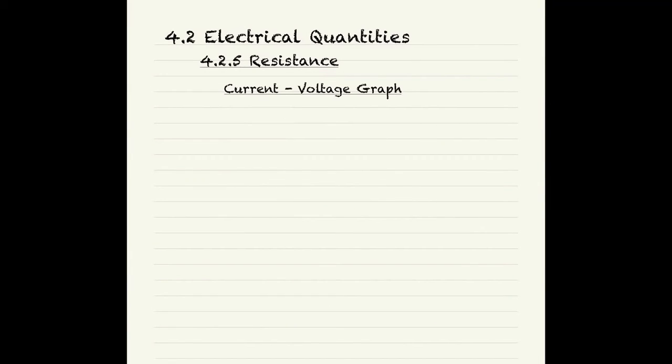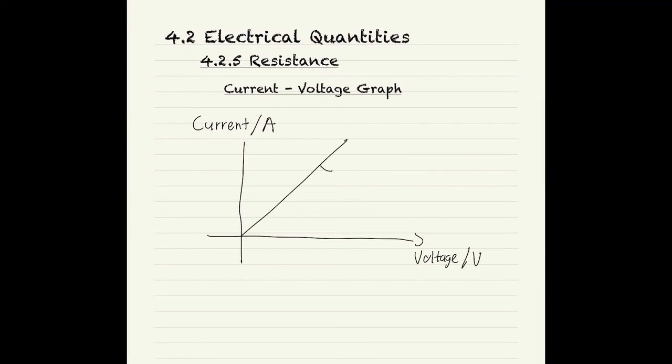For the current-voltage graph, y-axis is current, ampere, x-axis is voltage, volt. Gradient of current-voltage graph will be equivalent to 1 over resistance.